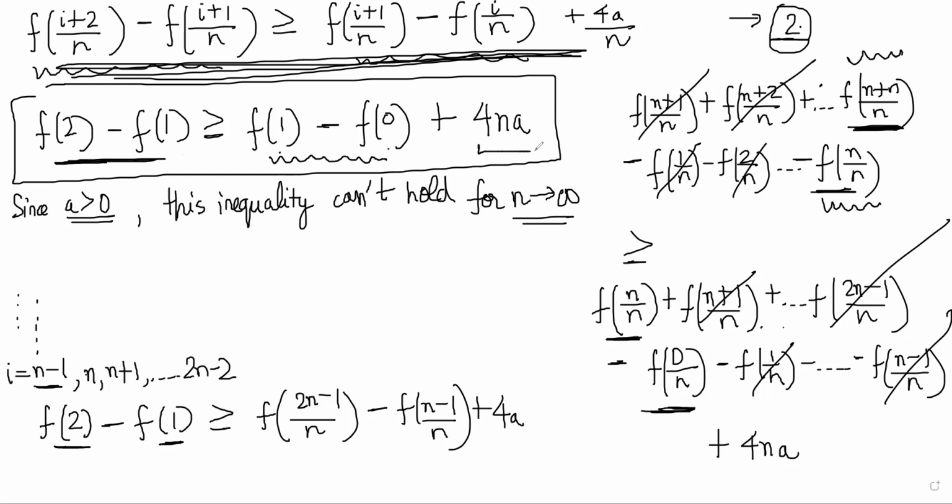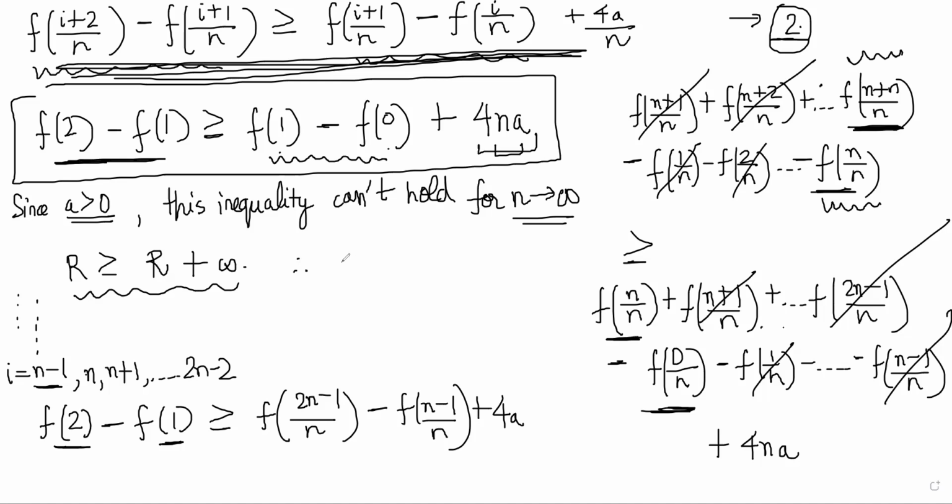It is actually tending to infinity, right? So the difference between the terms tends to infinity, but f2 and f1 were supposed to be finite real numbers. They were supposed to be functions from R to R. You cannot have one real number greater than or equal to some real number plus infinity. That is not a possibility.